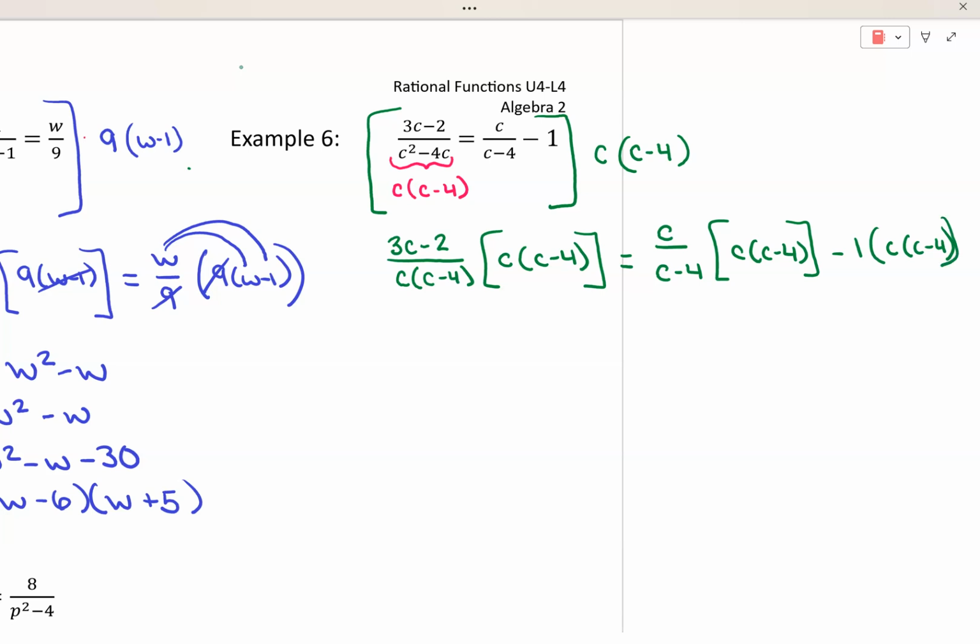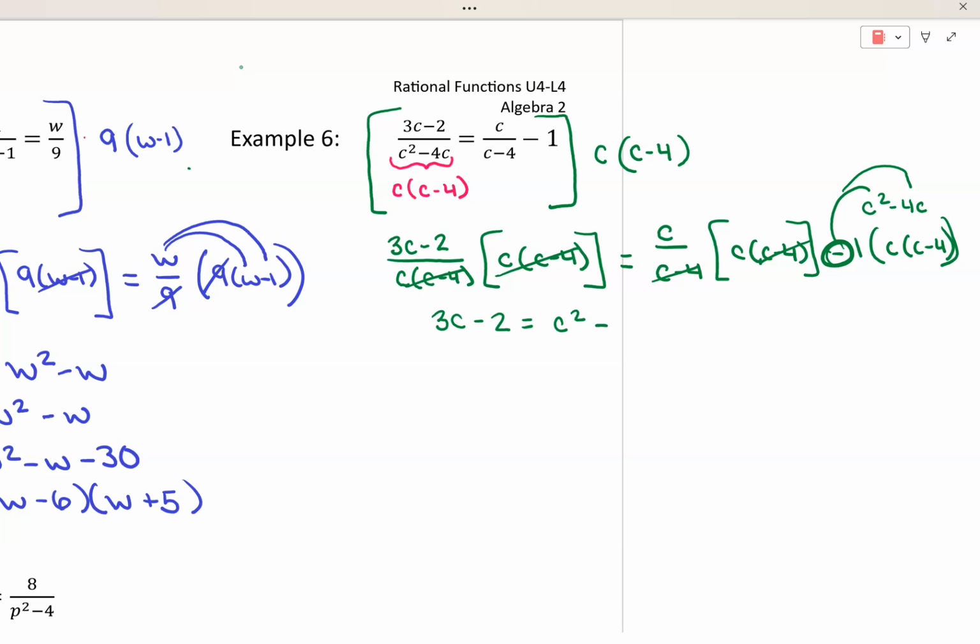Okay, so let's look. These cancel. So we're left with 3C minus 2 equals, these cancel, we're left with C squared minus, so 1 doesn't matter, so that looks like this changes to C squared minus 4C, but notice this negative has to go to all of that.